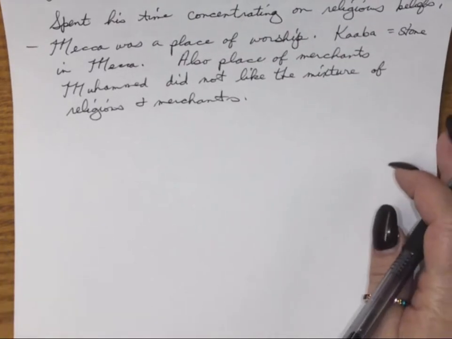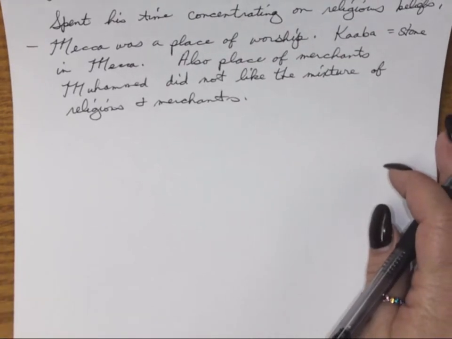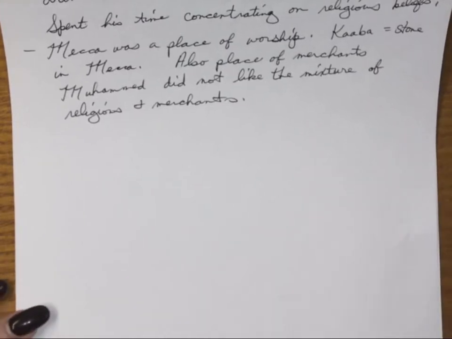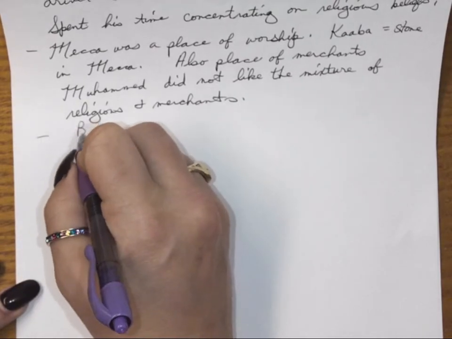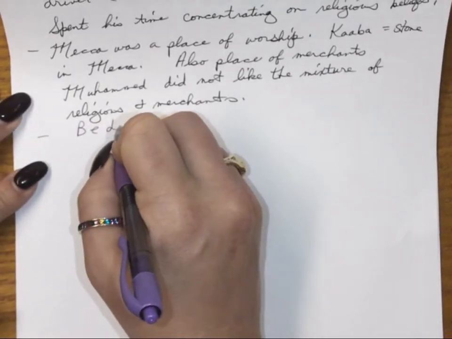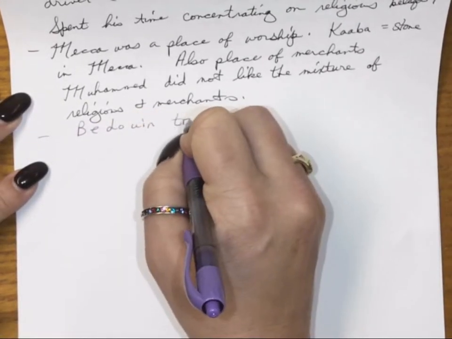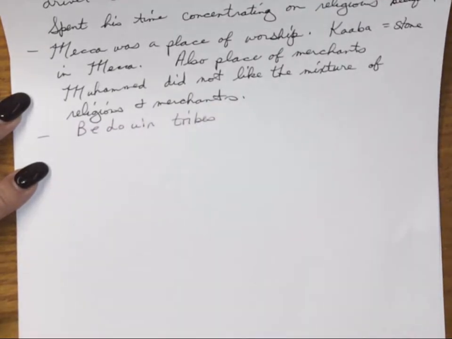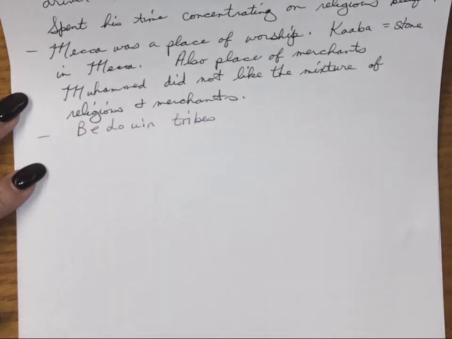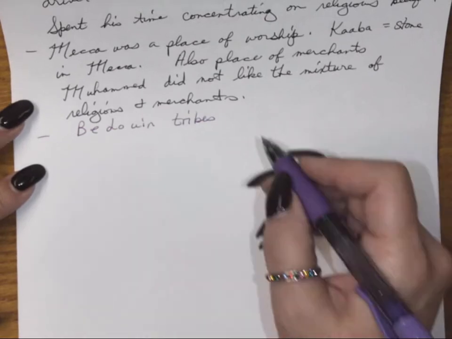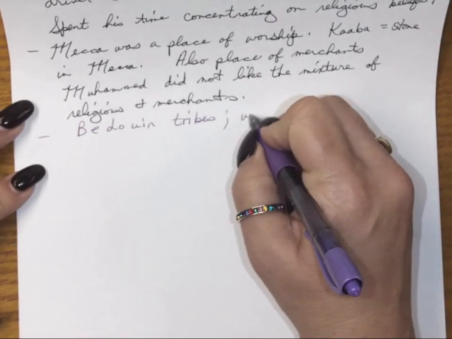So what happened was that he wanted to do something to unite. There were a lot of Bedouin tribes that he had visited while he was trading. But they were sectioned off. They were in different areas of the countryside, and they weren't working together. And so he wanted to unite them.